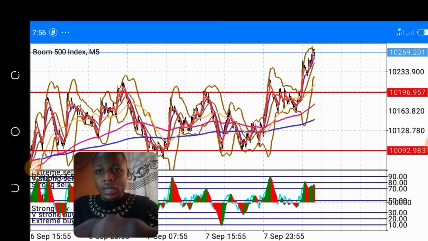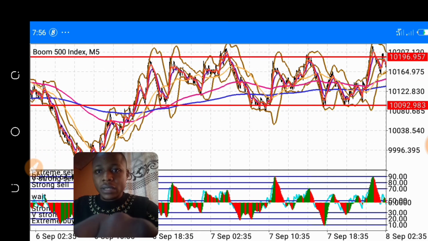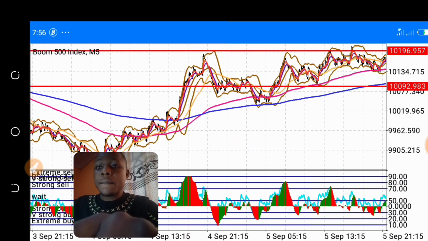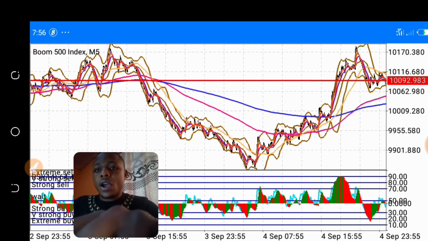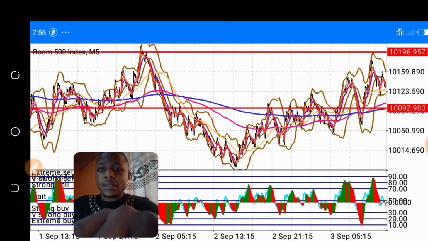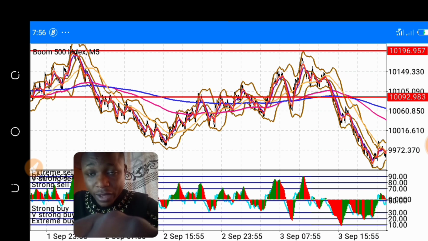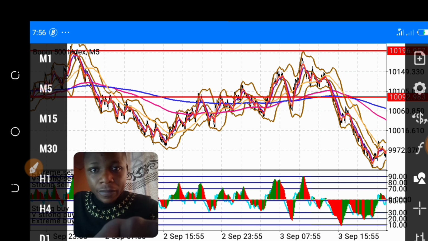They are slanted lines. This is where trend line works well, on swinging markets, on swinging trend. See this swinging trend over here. Trend lines work very perfectly here.